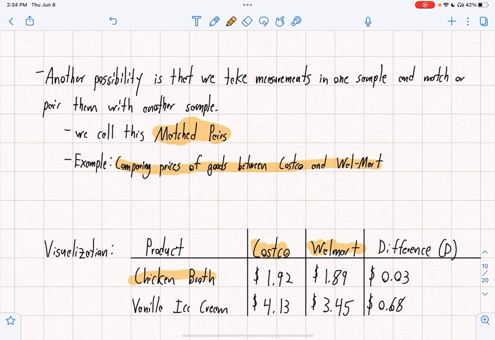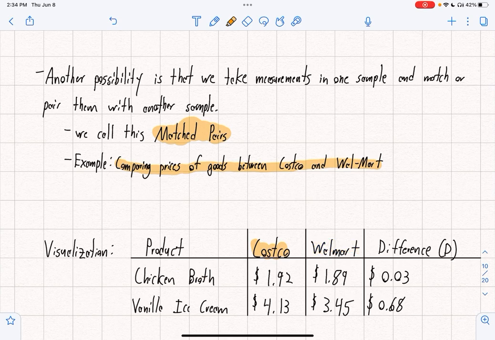So we're checking the price of chicken broth at Costco and Walmart, and then we're going to take the difference in price. So 1.92 minus 1.89 is 3 cents. And then we're going to look at another product. So we're pairing up vanilla ice cream from Costco and Walmart, take their difference in price, and you get 0.68.